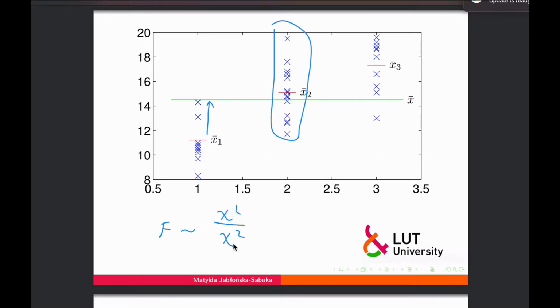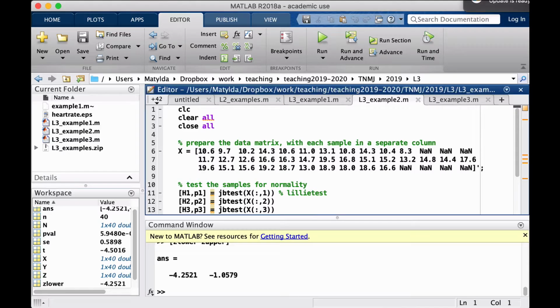We are making a ratio of sums of squares, and the chi-square distribution is a combination of squared normal distributions: n squared plus n squared and so on. Only if this is normally distributed, then the sum is chi-square distributed, and then the ratio has an F distribution. Otherwise, we wouldn't be allowed to use ANOVA, and we would have to use some non-parametric test. So that's why testing for normality of your samples is important before you proceed.